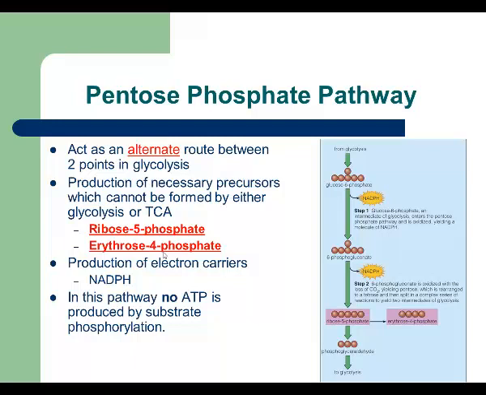No ATPs will be formed by pentose phosphate pathway, and the end product of pentose phosphate pathway is 3 molecules of carbon dioxide, 3 CO2s, and 1 molecule of triose phosphate.